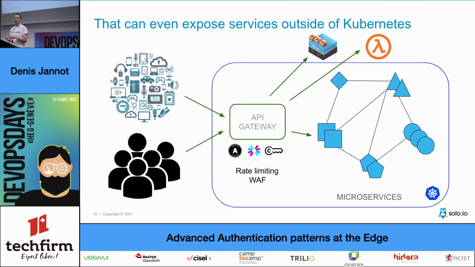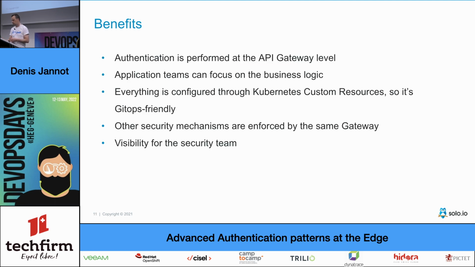So it's quite nice if I can express all these configurations through YAML, even to expose services that are outside of my Kubernetes cluster. So it's not only for exposing services running on Kubernetes, it can be for services running on VMware, or on bare metal servers, on Lambda functions, or whatever.